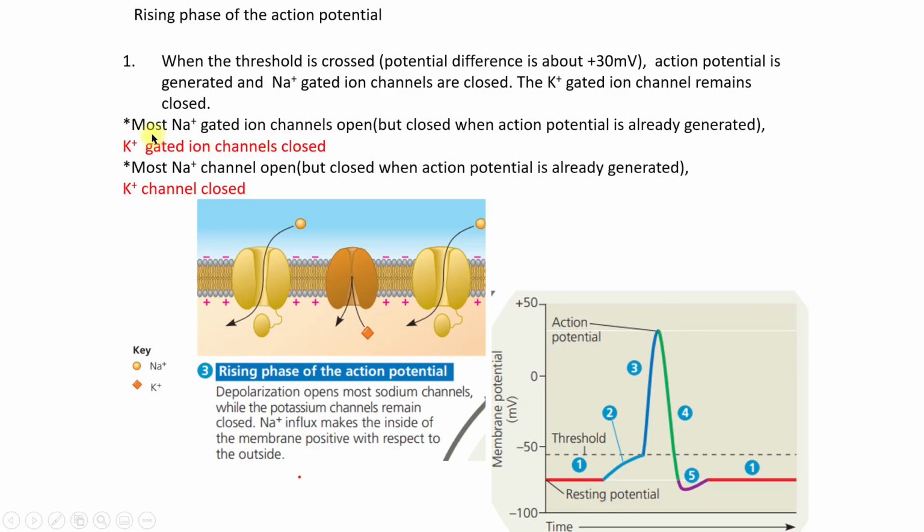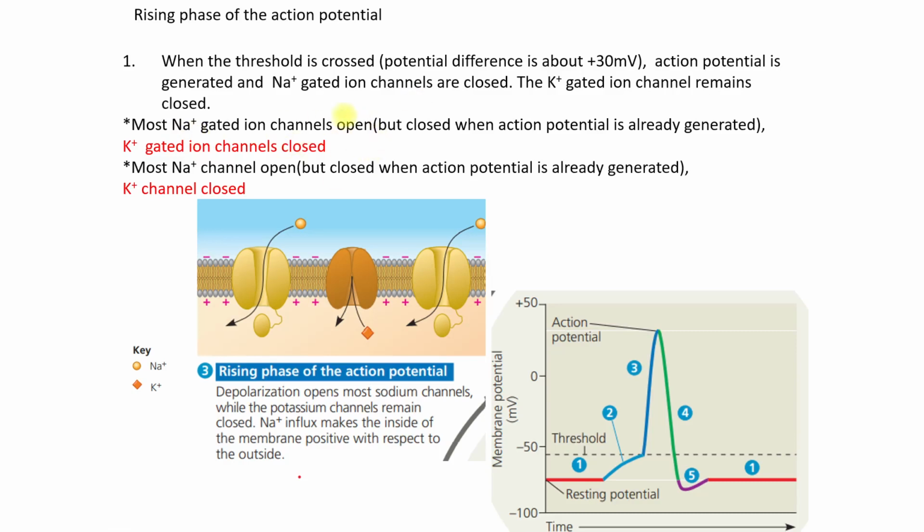To summarize, in the rising phase of the action potential, both potassium ion gated ion channels and potassium ion channels are closed, similar to the second stage. But most sodium ion gated ion channels open to allow more influx of sodium ions.